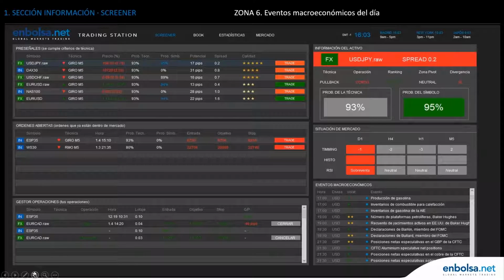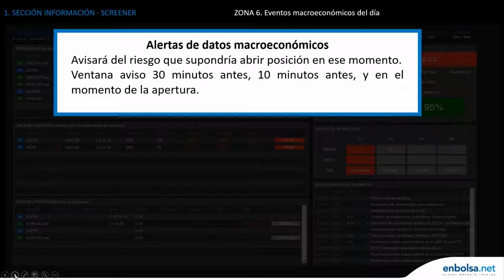In addition to the macroeconomic event box, we also have the opportunity to stay informed with pop-ups that will warn us about the risk of opening a trade at a certain moment.